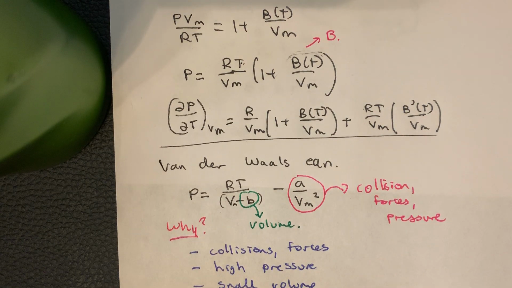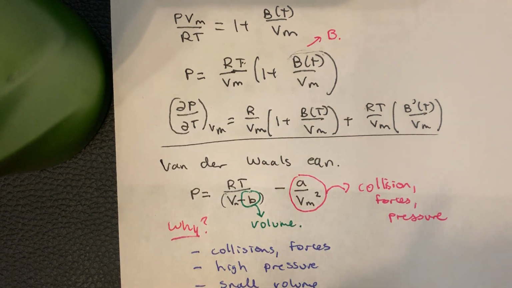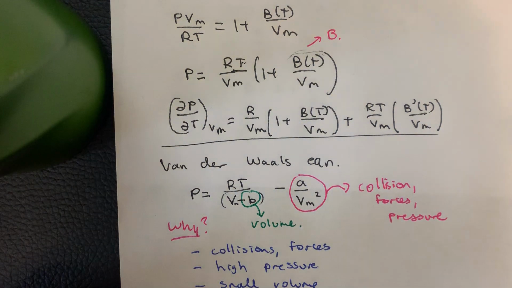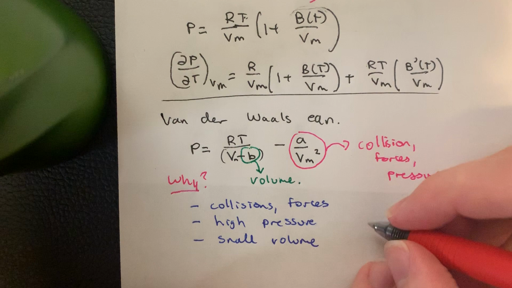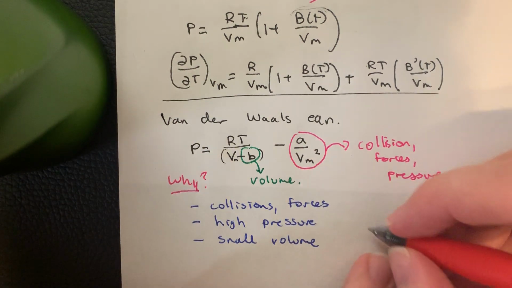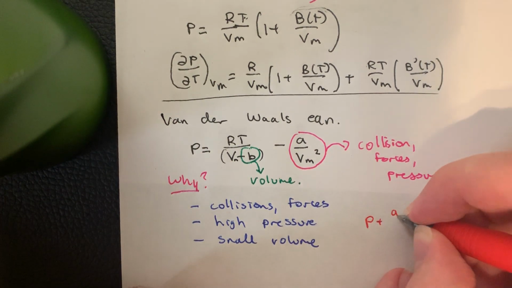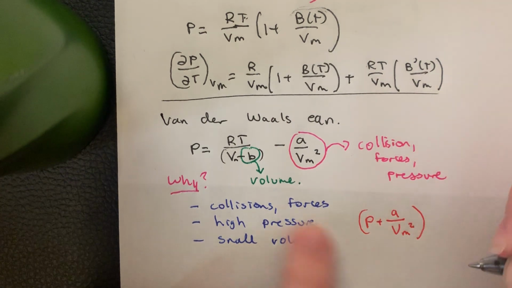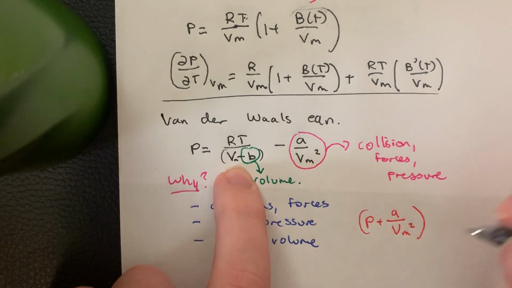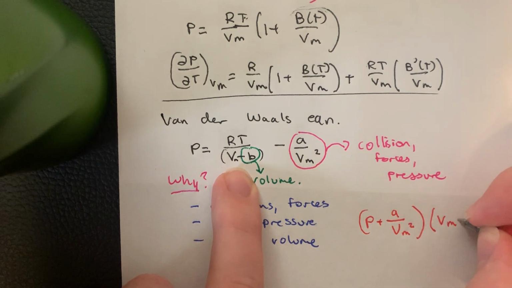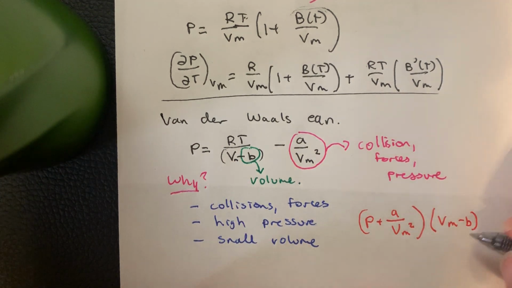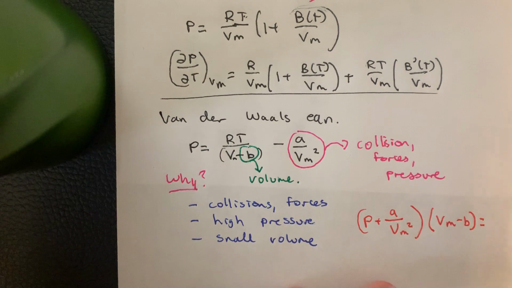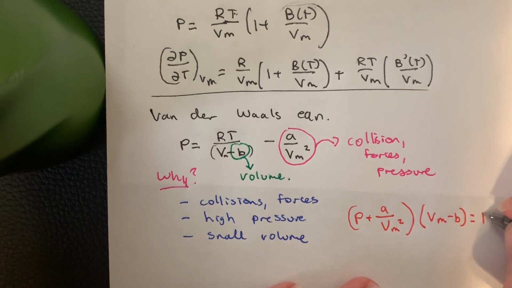It's a bit more clear when it's written in a different form, which I will write in just a second. We're going to write it in red right over here. So we can rearrange this as P plus A by Vm squared, and we can multiply over the Vm minus B and set that equal to our RT.